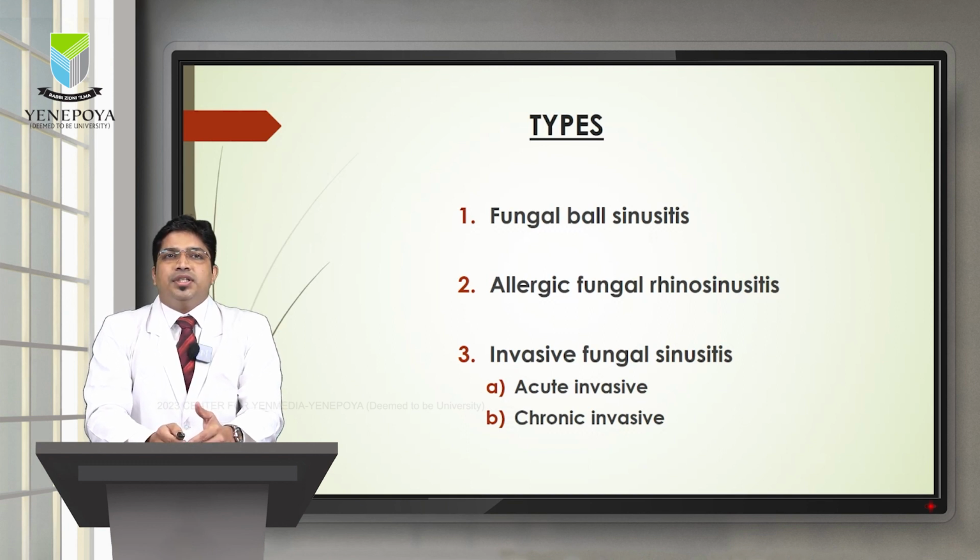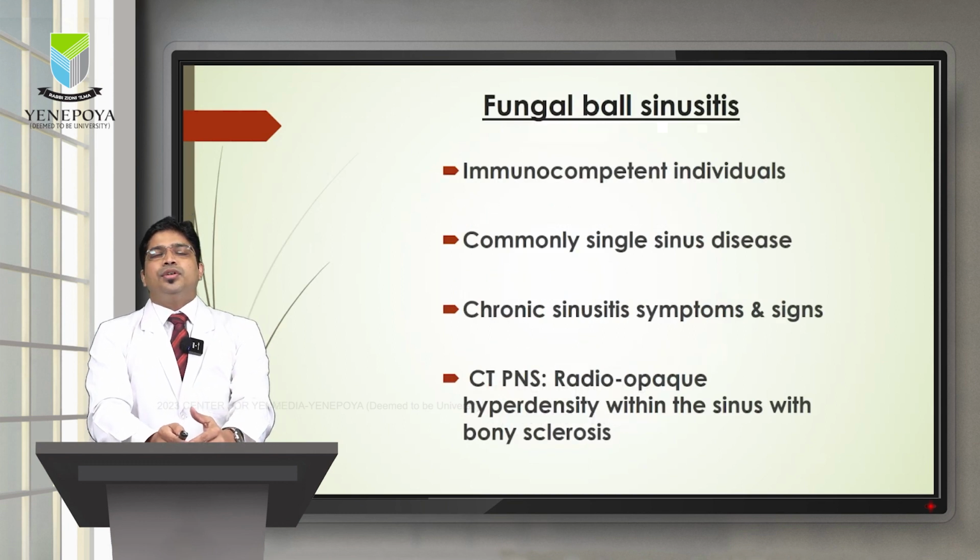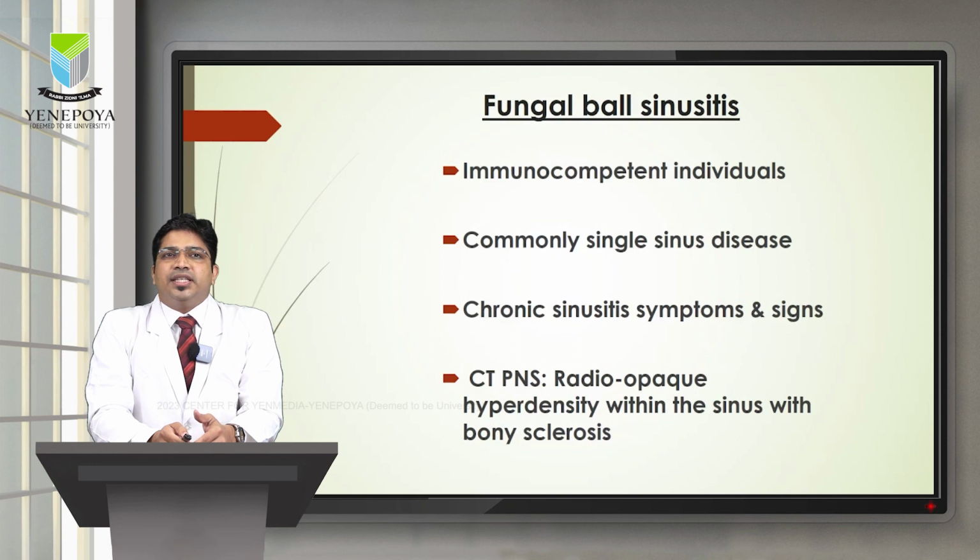So let us begin with fungal ball sinusitis. This condition is commonly seen in immunocompetent individuals. So these patients will not have lots of comorbidities. It will commonly involve a single sinus and will present with the symptoms and signs of chronic rhinosinusitis.